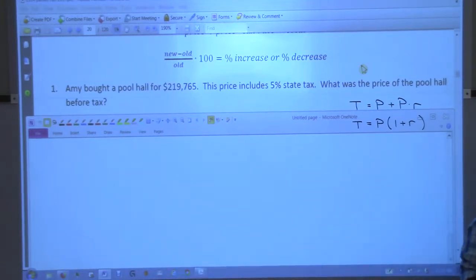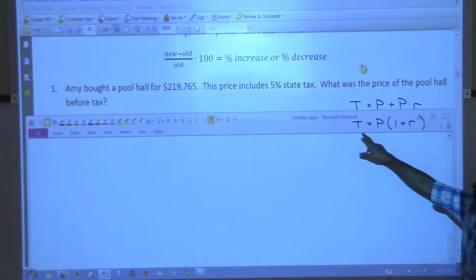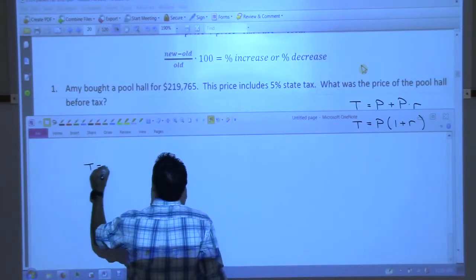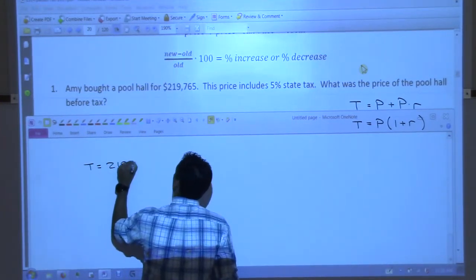Do y'all understand that? So what the question's asking is how much was the pool hall, what was the price before tax? So we are going to use one of these formulas. It's our choice. What do we actually know? What is given to us in this word problem? The total, right? We know that T is equal to 219,765.